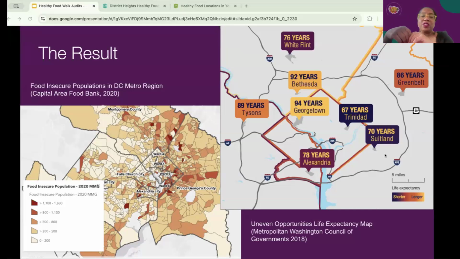And so they have an average life expectancy in that community of 70 years. And that is about 16 years shorter than the average life expectancy for Prince George's County residents who live in communities like Greenbelt, which, as implied in the name, has a little bit more availability of food and also has an urban design pattern that supports that.